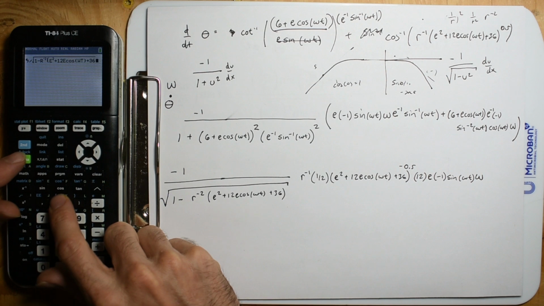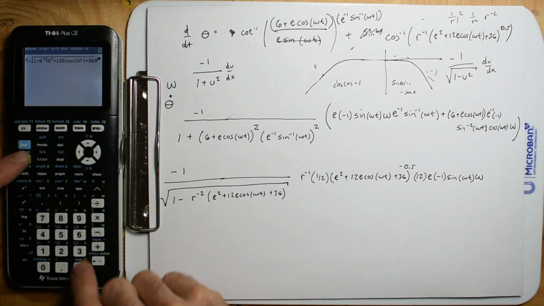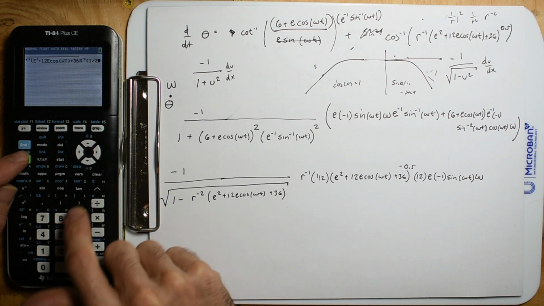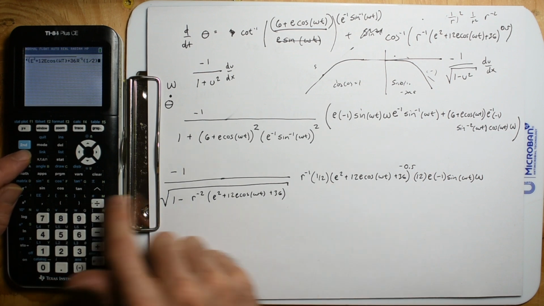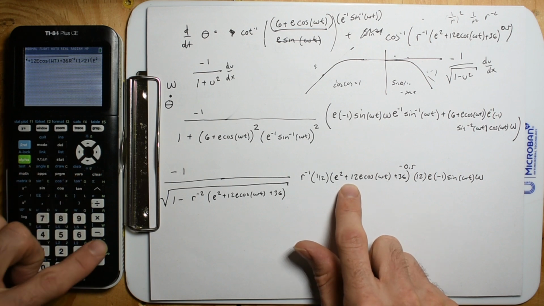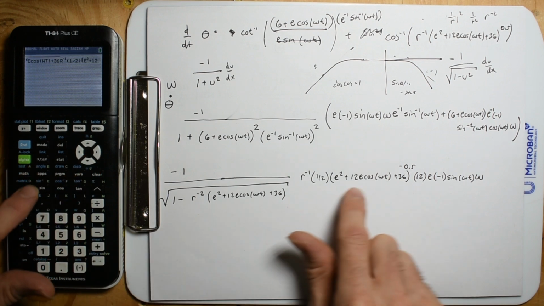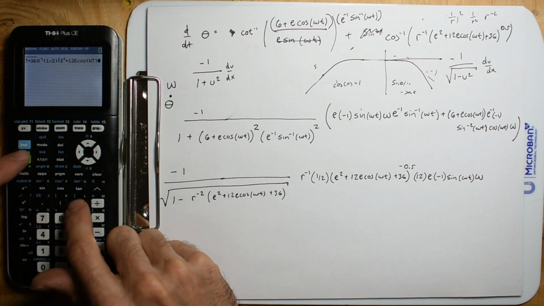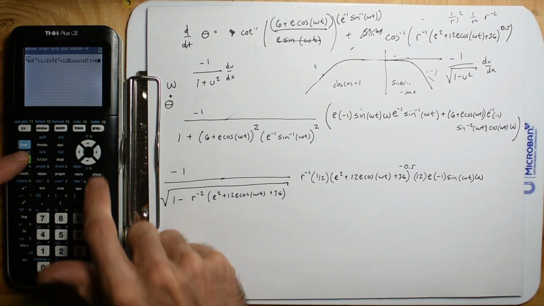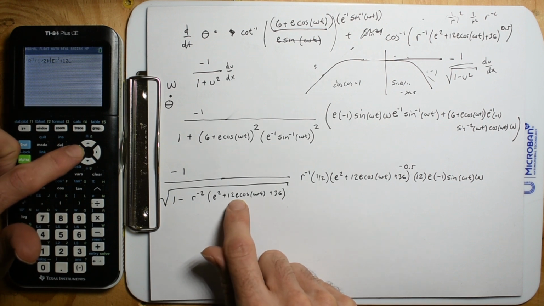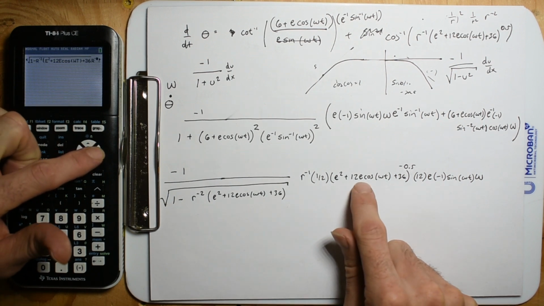And then we're going to multiply that by alpha r to the negative 1. We've got a half. And then we have alpha e squared plus 12 alpha e cosine omega t plus 36. I just want to make sure I got that e right there. I'm sure I did. Yep, we did. And we got that e right there.